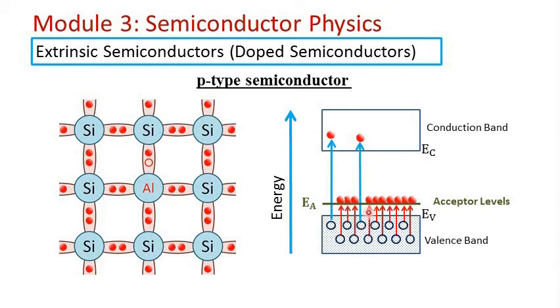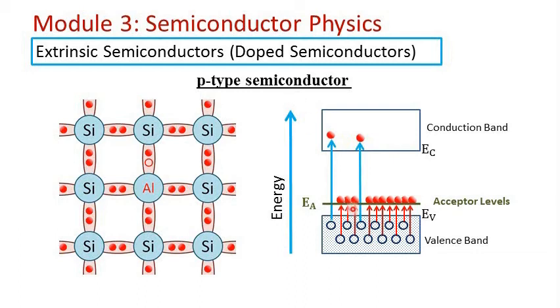So a very large number of electrons are going to the acceptor levels, so a very large number of holes are created in the valence band. So the number of holes in valence band now will be very large as compared to the number of electrons in conduction band. So in p-type semiconductor, holes are the majority carriers and electrons are the minority carriers.